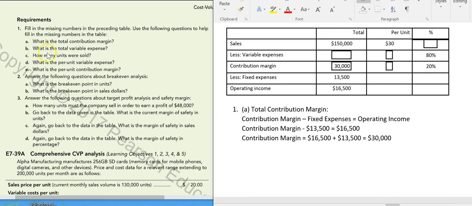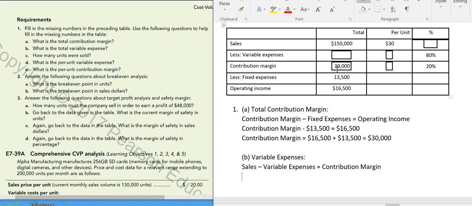Next question: what is the total variable expense? We just figured out our contribution margin. Now let's do the variable expenses. Again, if you look at the first part of your income statement, sales minus variable expenses is equal to contribution margin. So I can write it down here: sales minus variable expenses is equal to contribution margin.